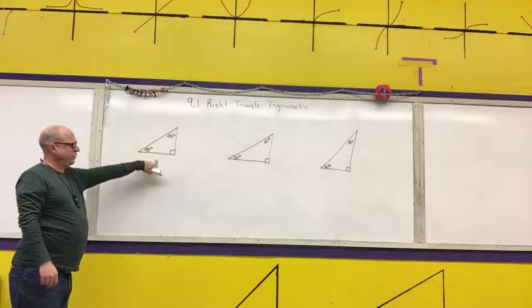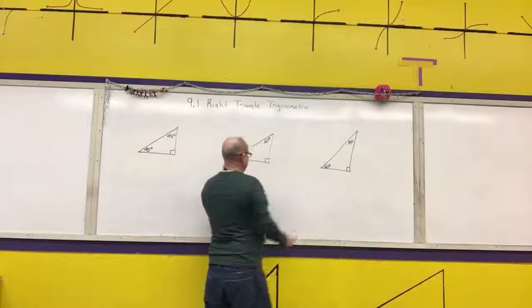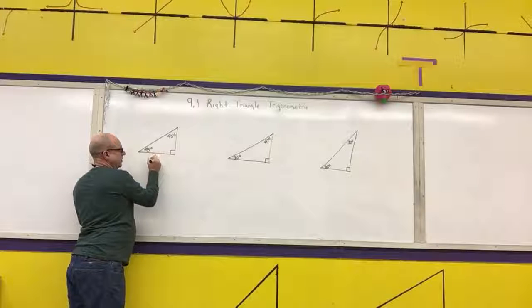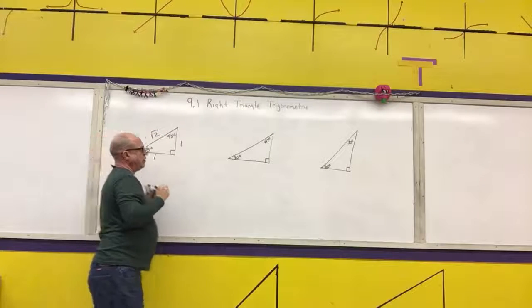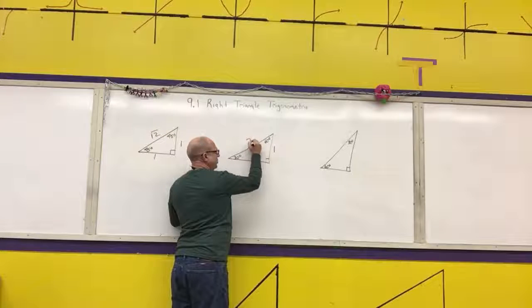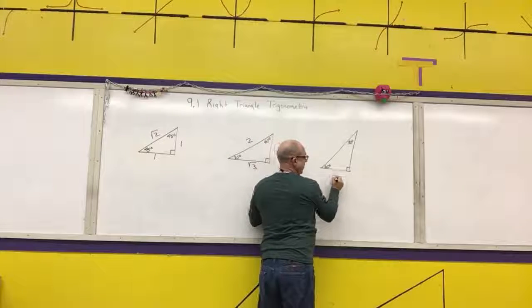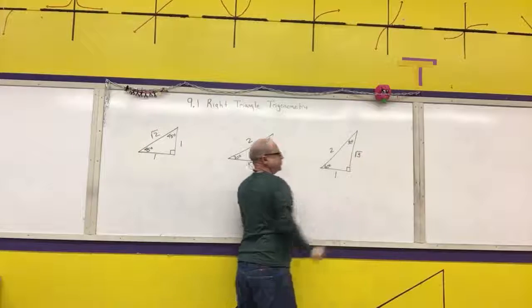The first one is a 45-45-90, and the second one is a 30-60-90. From geometry class, we learned that the side lengths are 1, 1, square root of 2. And for 30-60-90, the short side is 1, hypotenuse is 2, long side is square root of 3.